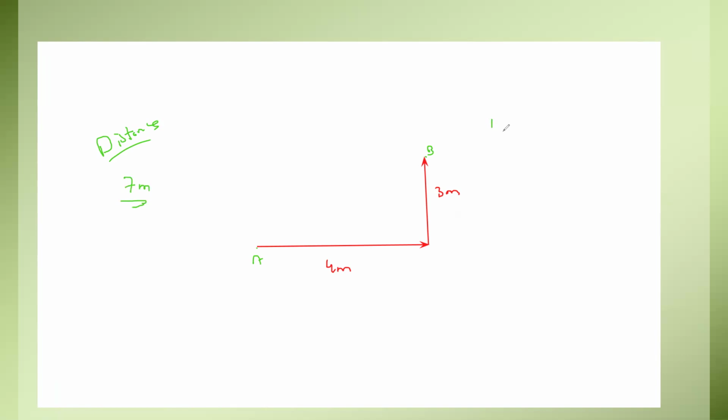But what about the displacement? Displacement is the shortest distance between the 2 points. So we always join the start to the end, irrespective of how it has moved. When we join the shortest distance between the 2 points, this will be the displacement. As you can see here, it is making a right-angle triangle, and the displacement is the hypotenuse.